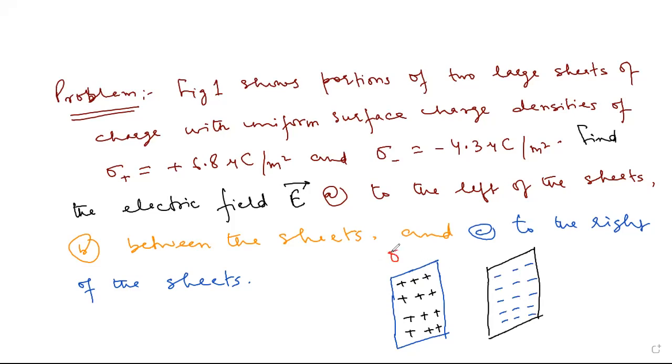The left one has positive surface charge density. The right one has negative surface charge density. This is my figure one.